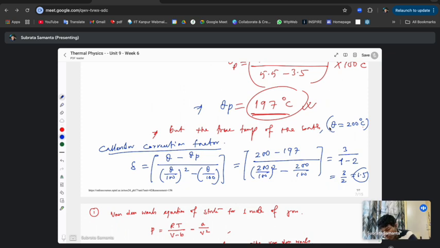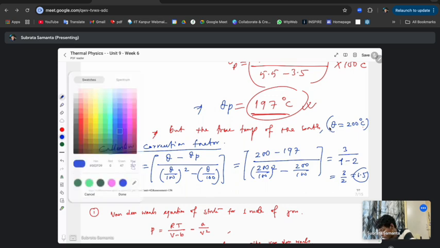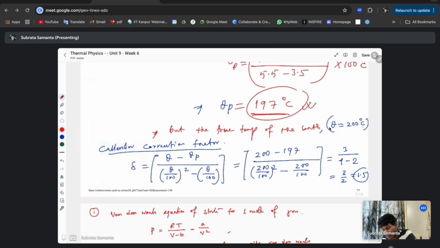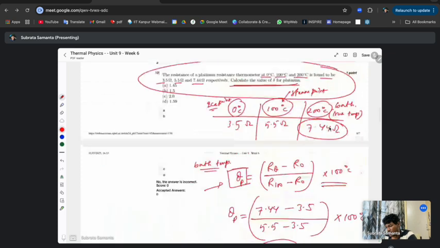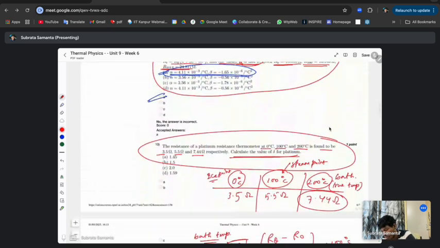Which is basically 1.5, right? Let's check one more time. 200 over 100 gives you 2, so 2 squared is 4, minus 2, gives 2. And 3 over 2 is 1.5. So let's check the options. Yes, option B is correct: 1.5.